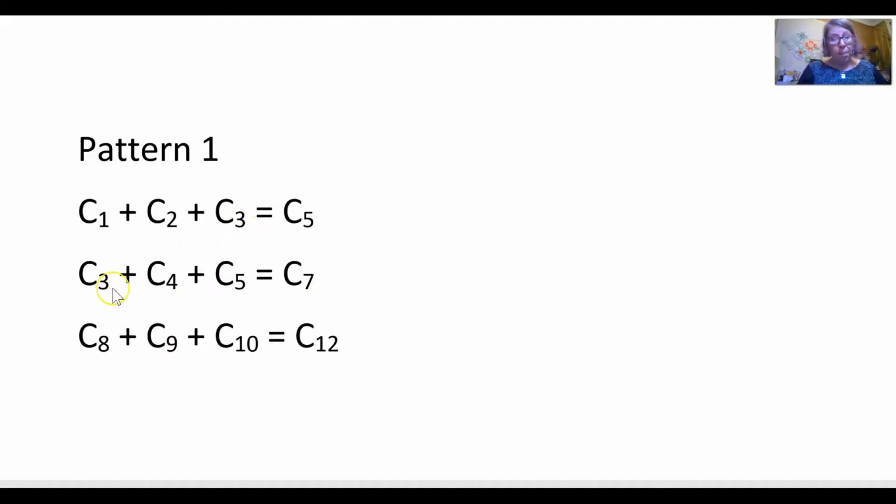The same thing happened down here. It goes 3, 4, 5, and then it skipped some and it goes to 7. Is it the same amount away from 5 to get to 7 as it was up here? Is it the same amount away here to get from 10 to 12? It is.